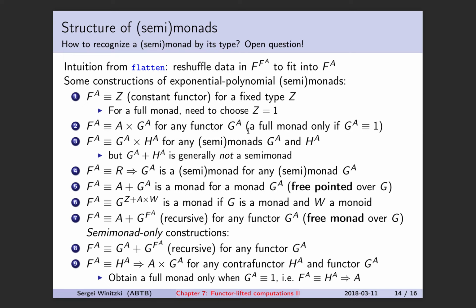And we will now show that in general, you can define a semimonad for f, and if g is unit, that is, there's no g here, just a, that's the identity functor, and that's a full monad. There's no other way that you can get a full monad out of this construction.